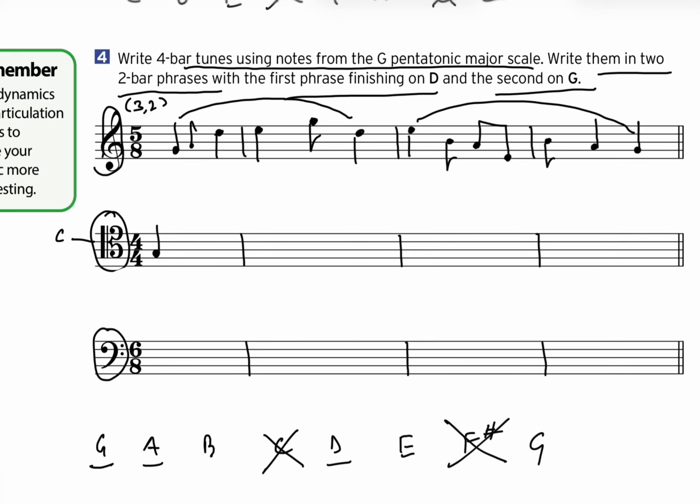Okay, after that, let's make it to B. Let's go to B. So this will be B. Okay, and then let's make a D after that. So let's make it as a half note.